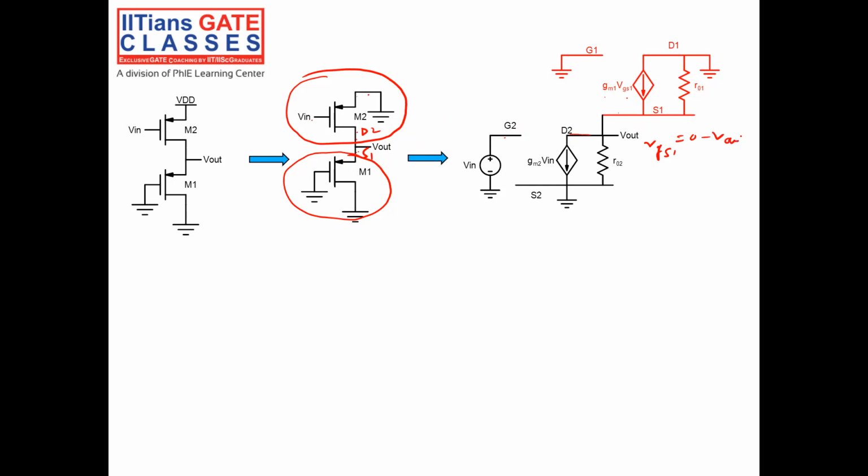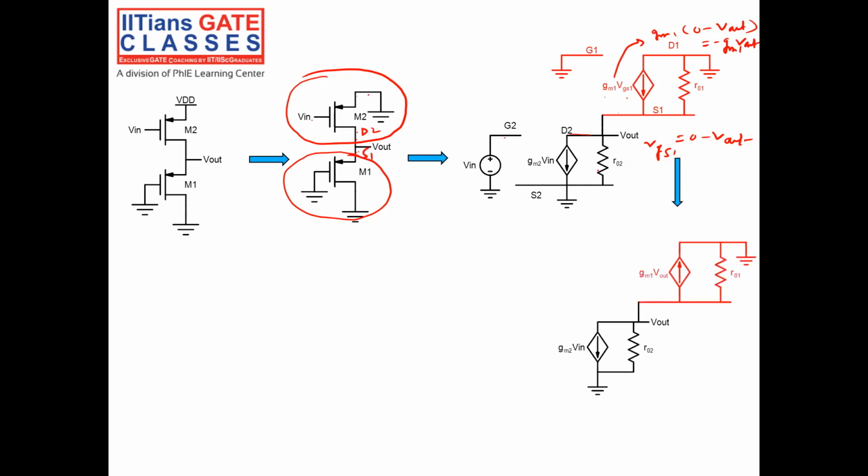So I can replace this with GM1 into (0 minus V out), which is equal to minus GM1 V out, right? So I have replaced this. Since the current flowing from drain to source is plus GM1 into VGS1, now I got it, after replacing VGS1, as minus GM1 into V out.